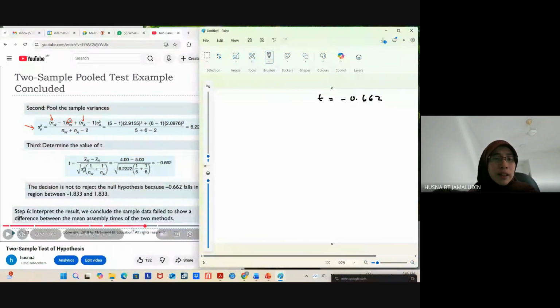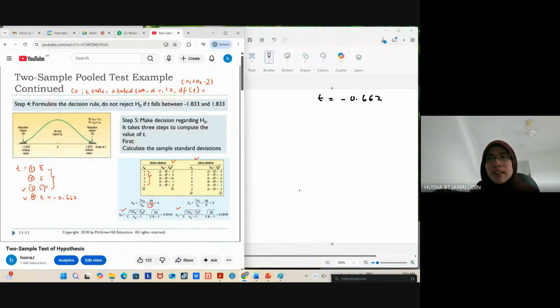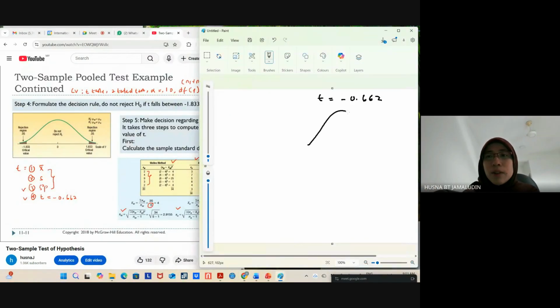And what is your CV? CV will tell you the rejection region. CV is negative 1.833, and you also have the positive 1.833 because this is two tail.